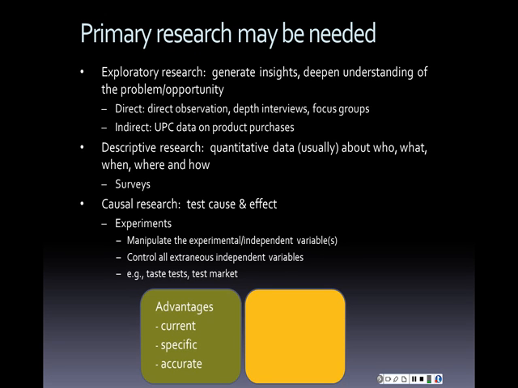Now the advantages overall thinking about primary research are, one, it's going to be current. By definition, this is new research that you're conducting, so it's going to be timely, it's going to be recent. Second, it's going to be specific. If done correctly, and you're rigorous about defining your research objectives, thinking through the research questions, and iterating on that, then you can end up with very specific ways of addressing the research information needs that you have.